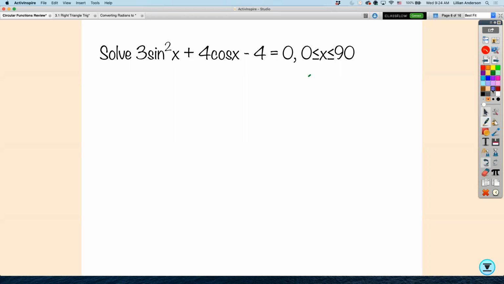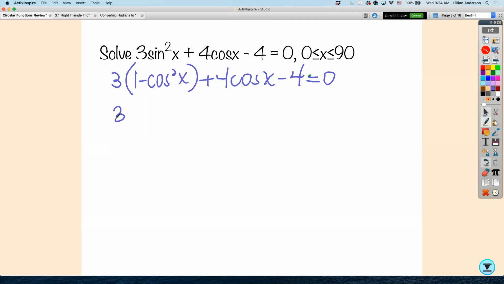All right, which one? The one that made sine squared 1 minus cosine squared x. So you could have all cosine. And then you would distribute the 3 through it, and then it would be a quadratic once you distributed all of it and added it.